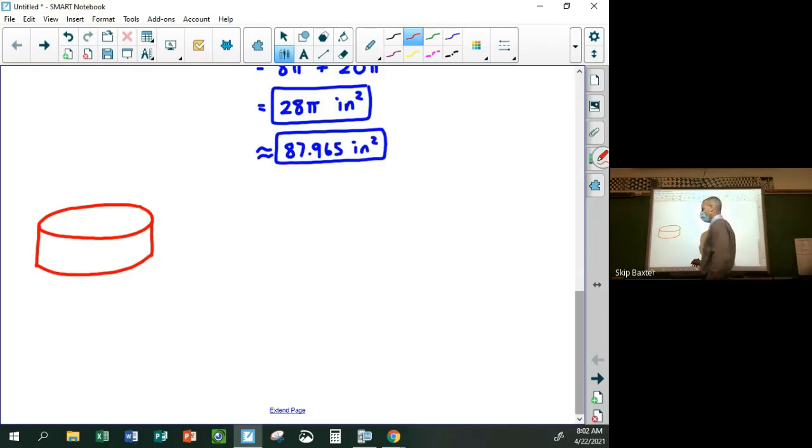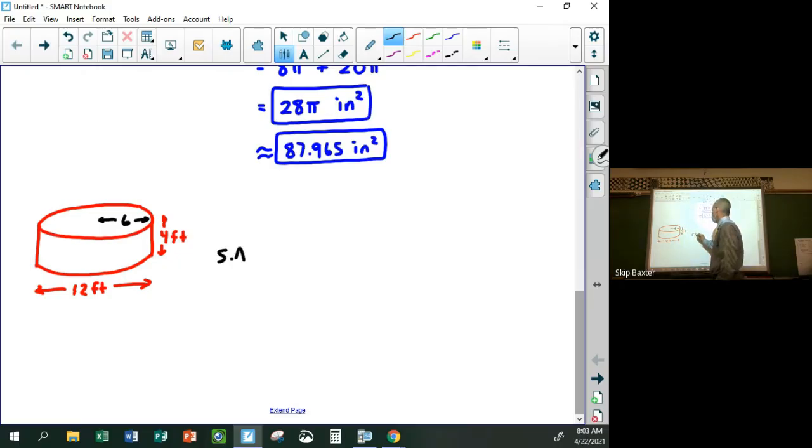And let's say they told you that this was 12 feet. And this is 4 feet. Okay, you just have to remember that if the diameter is 12 feet, then the radius is actually 6 feet, right? So this is 6 feet.